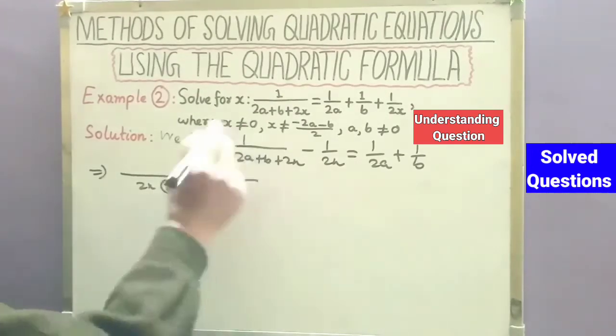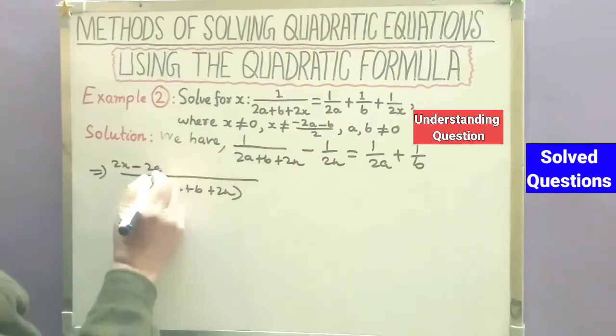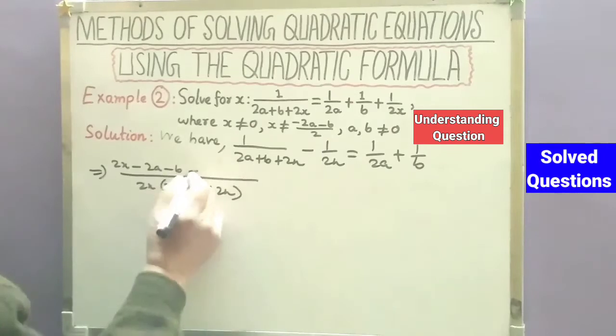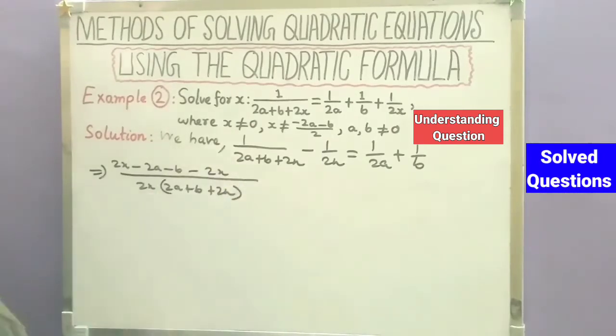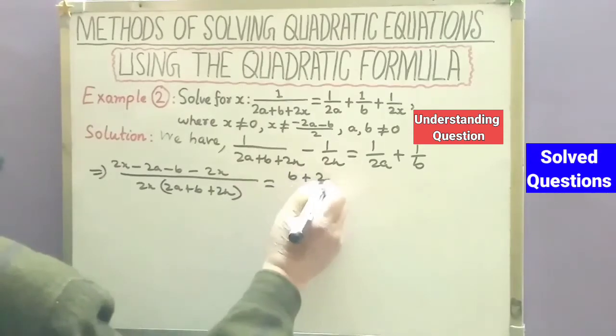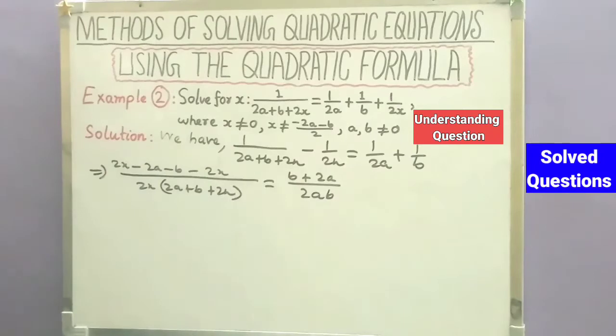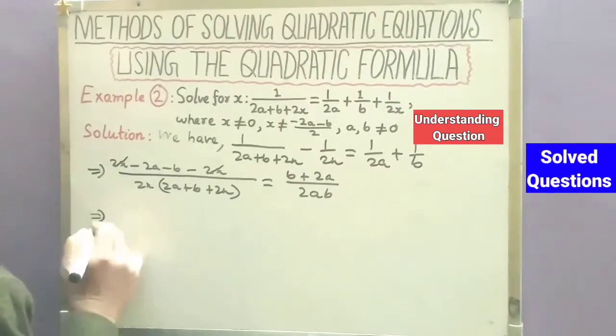On simplifying, we get (2x − 2a − b − 2x)/(2x(2a + b + 2x)) = (b + 2a)/2ab.